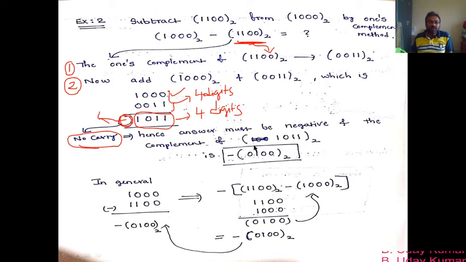So 1 is replaced with 0, 0 is replaced with 1, 1 is replaced with 0, and 1 is replaced with 0. So 0100. As I already told you, since there is no carry here, the answer must be negative, and so you write a minus sign here.